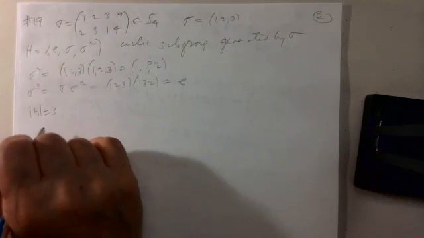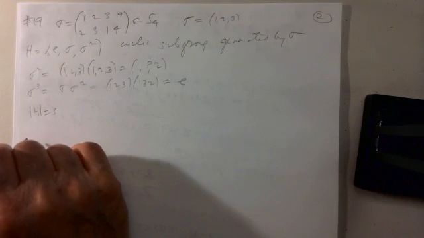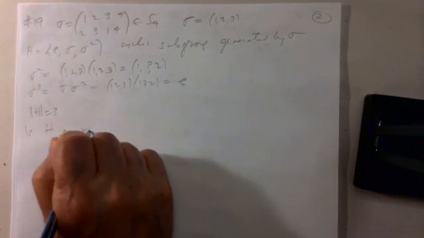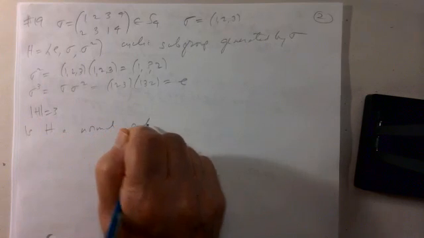Is H a normal subgroup? Well, I don't know. A normal subgroup would mean every left coset equals a right coset. How should I try to figure that out? Any suggestions?